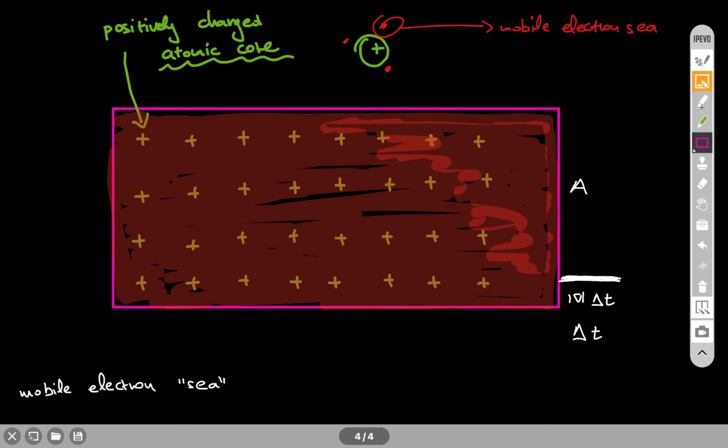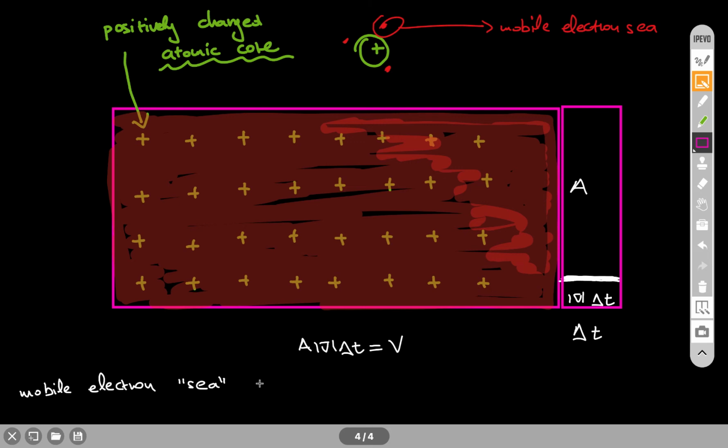If I multiply the area times that length, the length times the area will give me the volume, by how much volume the mobile electron C has shifted to the right. And I can show you using this. The product A times the speed times delta t will show me what this volume is.